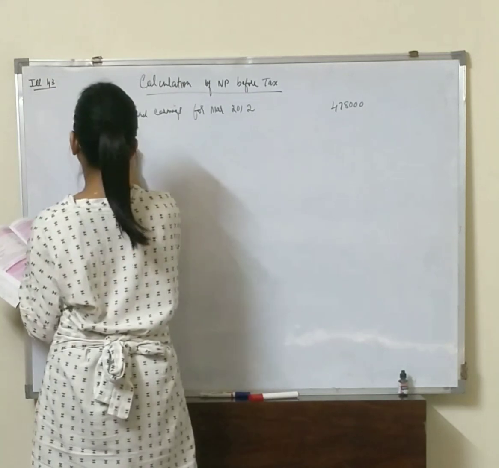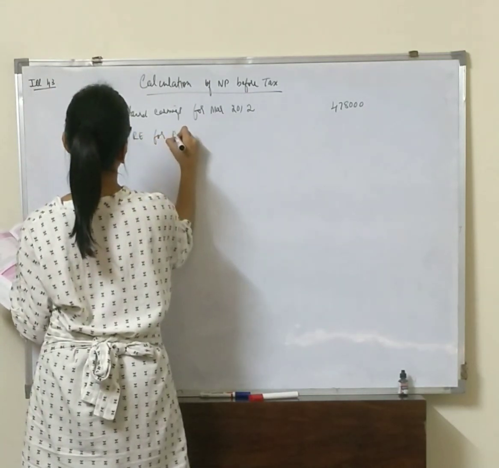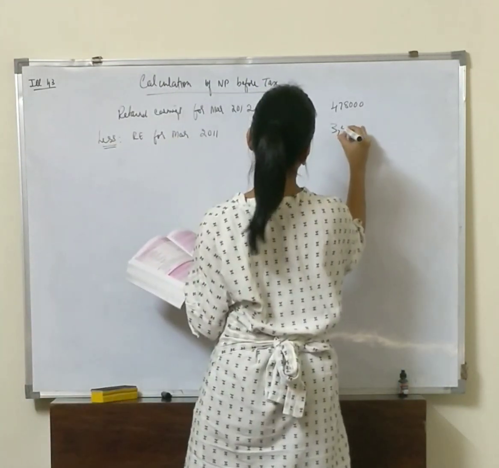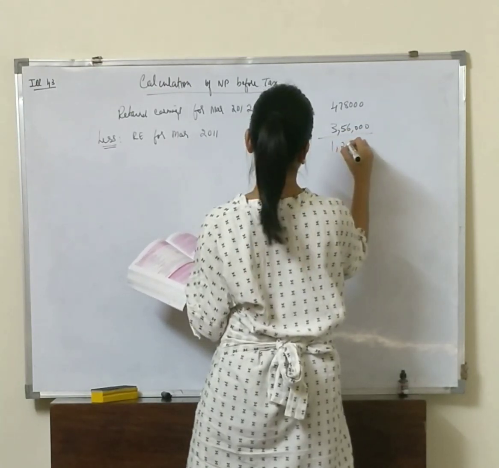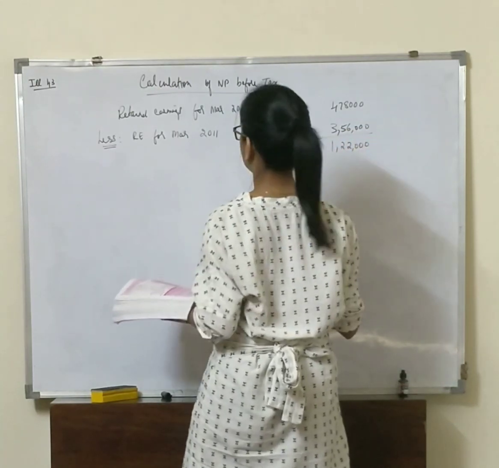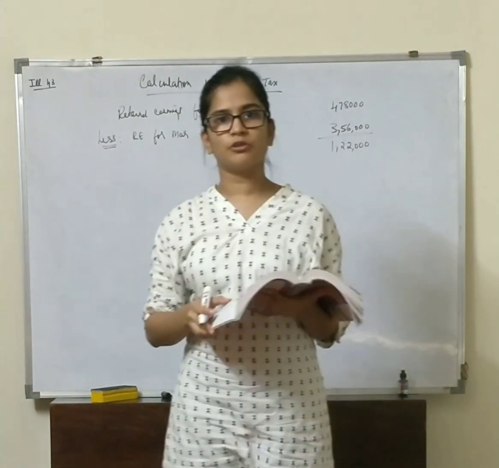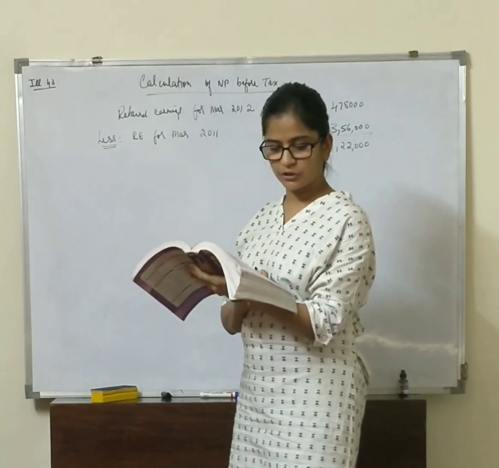4,78,000 less retained earnings for March 2011. How much is it? 3,56,000. We get 1,22,000. Then we need to add our proposed dividend, interim dividend, provision for taxation. So in this problem, there is only provision for taxation during the current year.